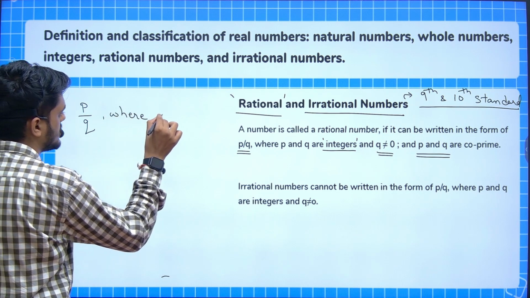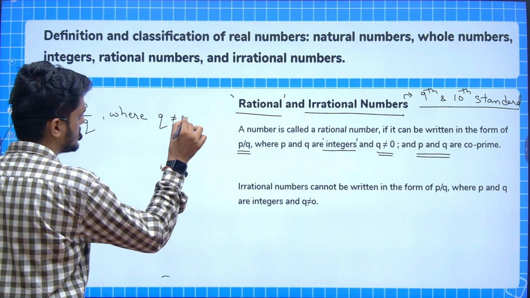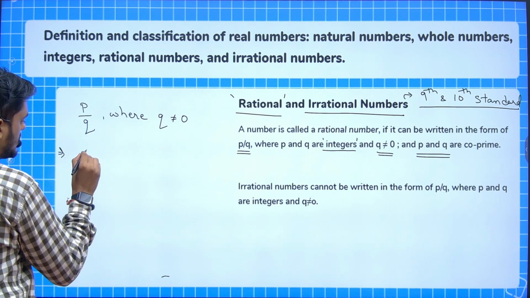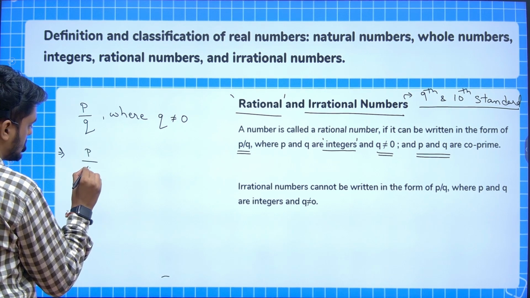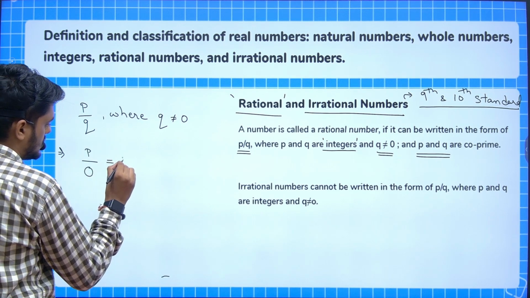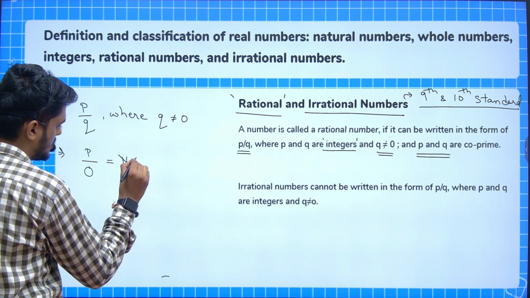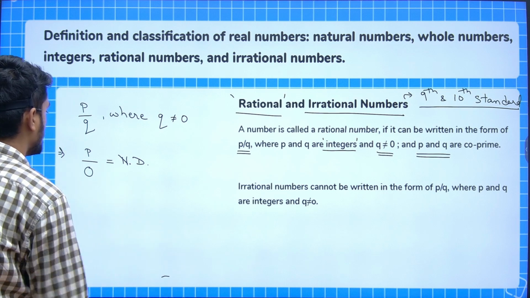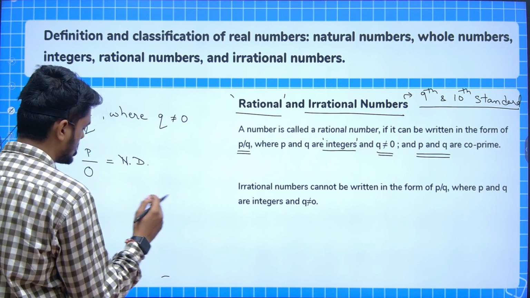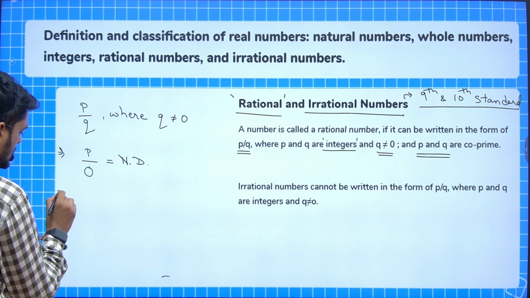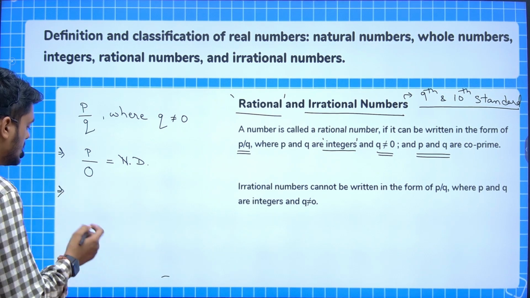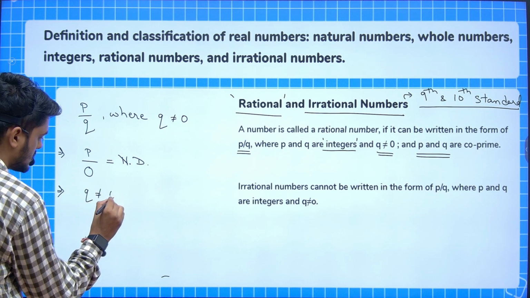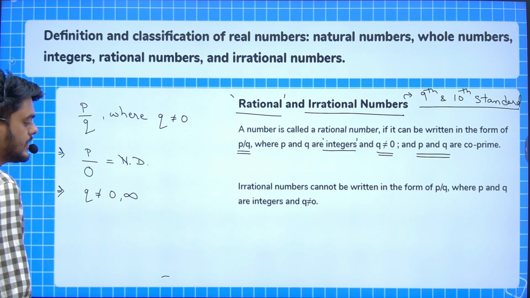Where q cannot be equal to 0. This is because if we divide a number by 0, the result cannot be defined. Meanwhile, apart from 0, there are other exceptions as well. We cannot include infinity as well.